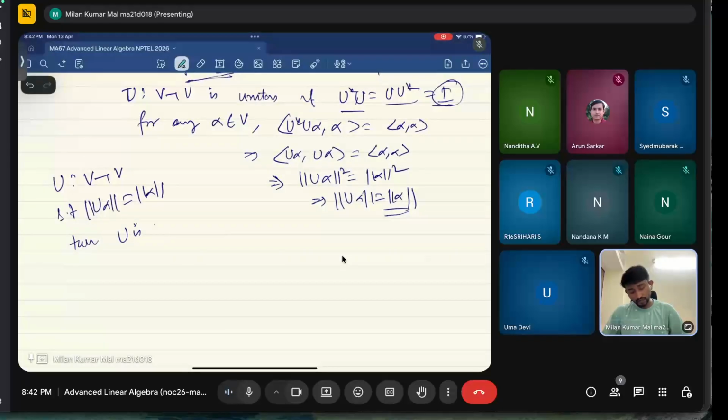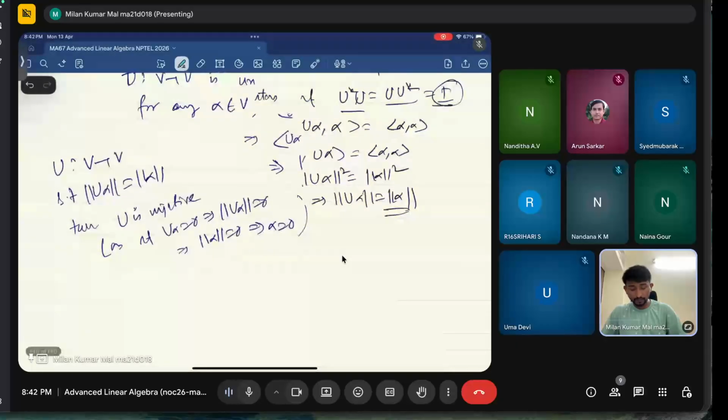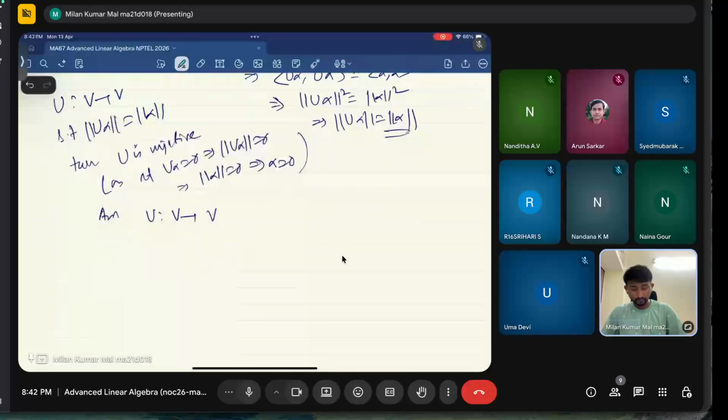If U alpha is equal to 0, that implies norm of U alpha is 0, that implies norm of alpha is 0, and that implies alpha is 0. That is injective. And U is an operator from V to V on a finite dimensional vector space, then U is bijective.